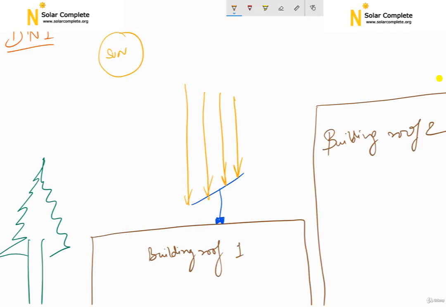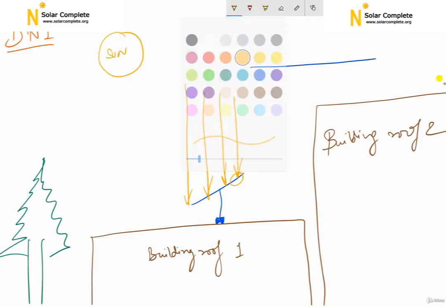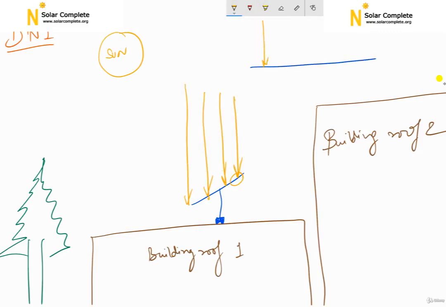Means normal to the solar panel surface, right? So these types of sun radiations or solar irradiations are called DNI. That means direct normal irradiation. The word itself says direct. Normal means at 90 degrees. Irradiation means solar irradiation, right?